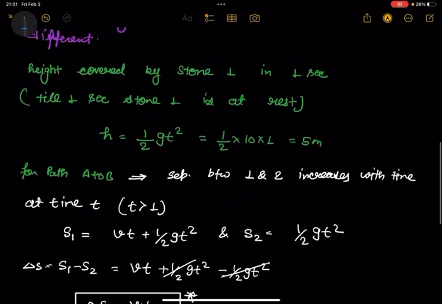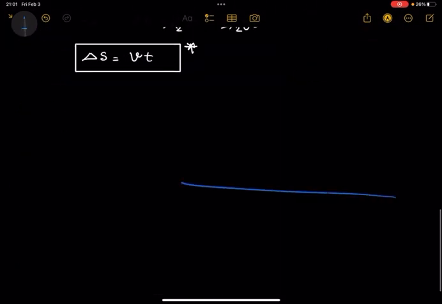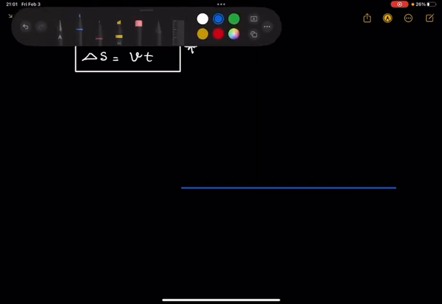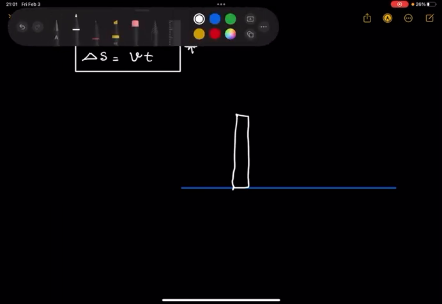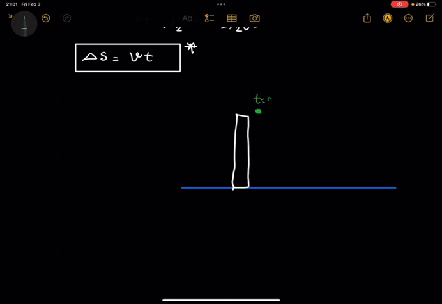For better understanding, see here, this is your ground and this is the tower, and stone 1 is released from here at t equal to 0. So this stone 1 reaches the ground at t equal to 3 seconds. That's all. So simply we can say that the height of the tower h is equal to half of gt square.